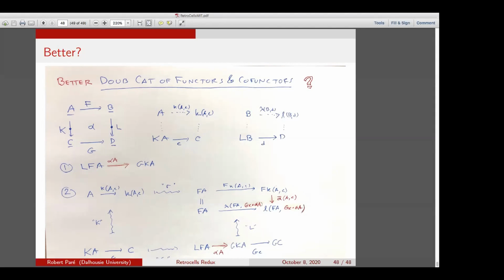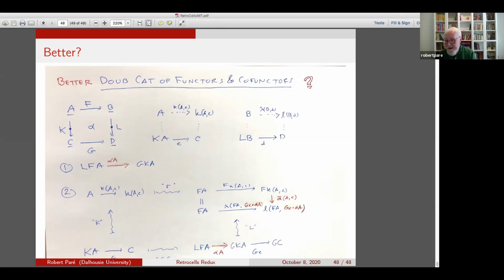Maybe to anyone that may answer: are there already double categories of functors and cofunctors arising, for example, from studying lenses or similar objects? I wish Bryce Clark was in, but he's probably asleep now in our time zone.